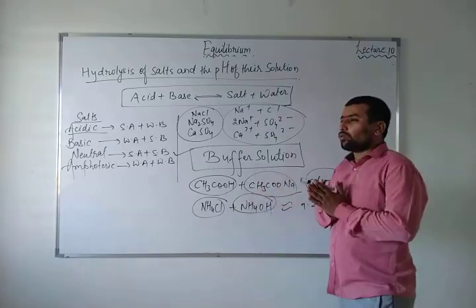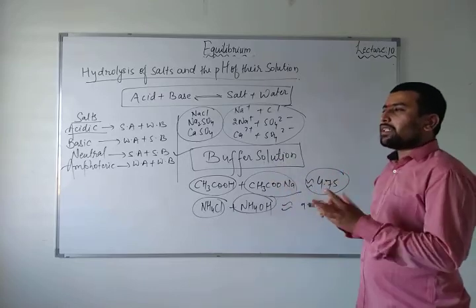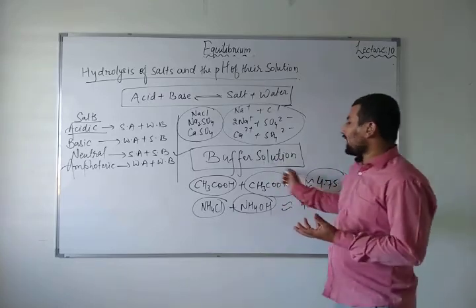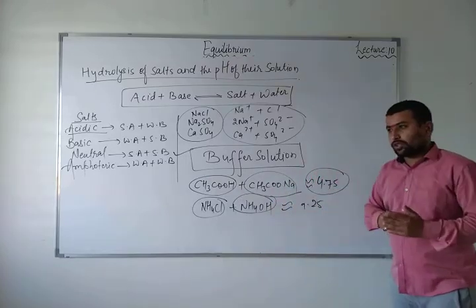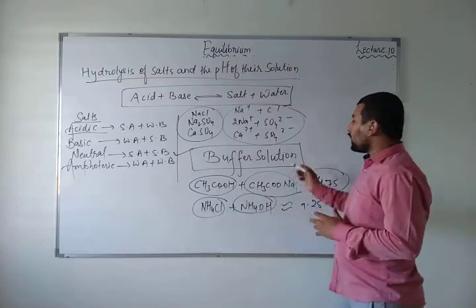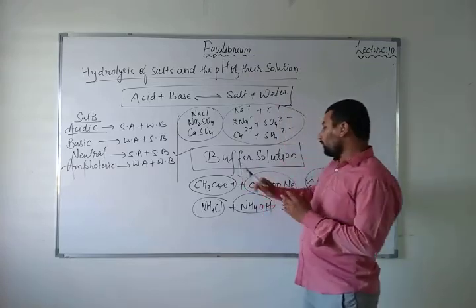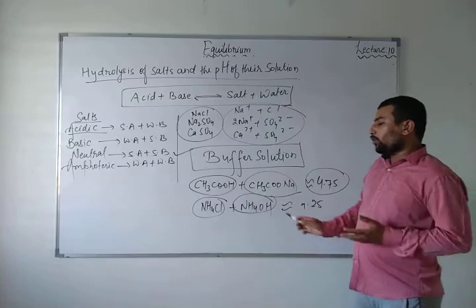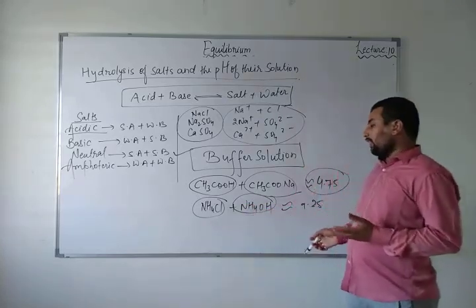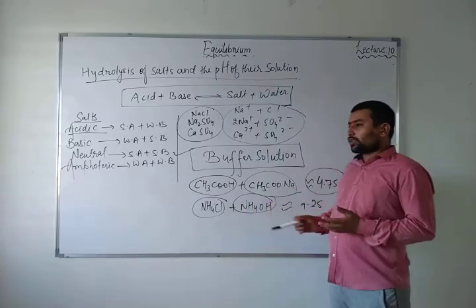But here, as I have told you, in the acid we have mixed a small amount of acid, and that would vary the pH value of that solution. Similarly, you can see here ammonium chloride, ammonium hydroxide. Both are products of ammonium only. One is salt and another is hydroxide base.